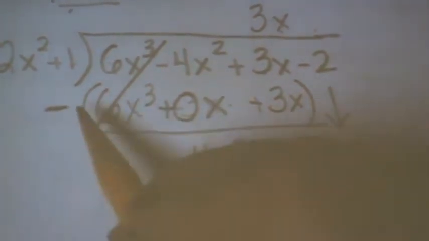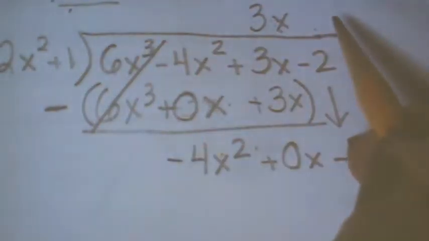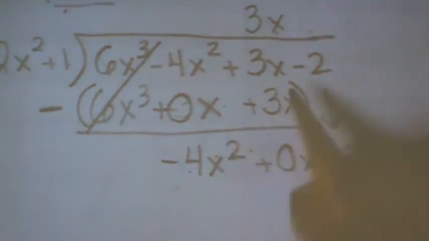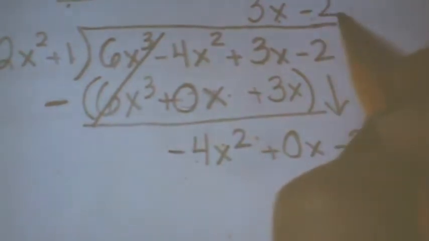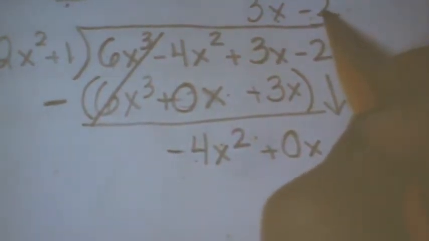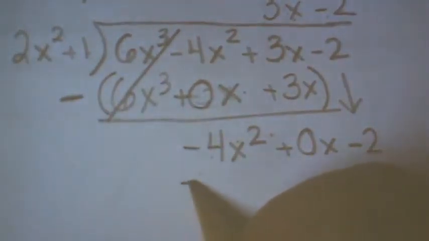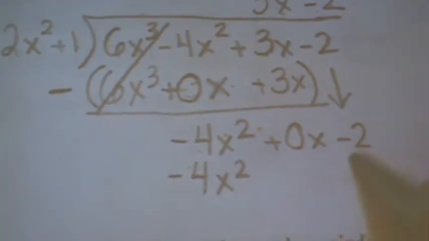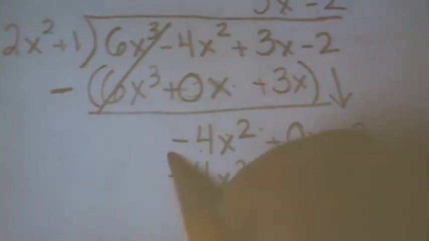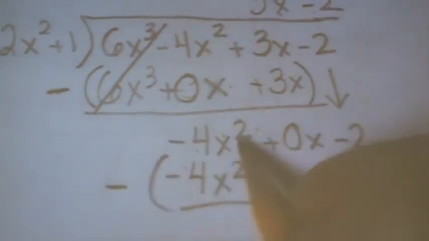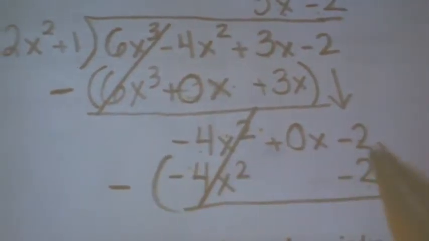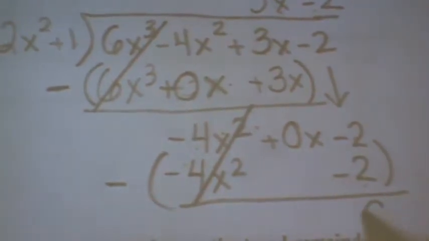Now we want to know 2x squared times what is going to give me negative 4x squared? Negative 2. So now you're going to multiply negative 2 times both of these. You get negative 4x squared minus 2. Now I'm not going to put minus 2 here. I'm going to put it here. So now if I subtract, these are gone, and negative 2 minus a negative 2 is 0.